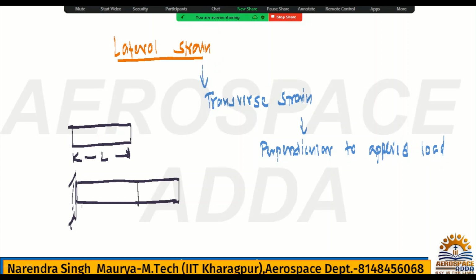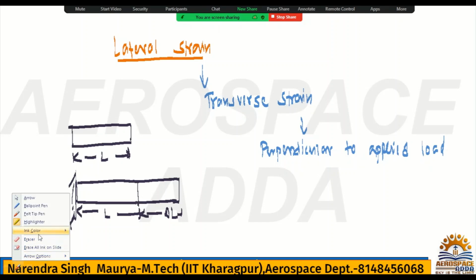Actual length is L, and this is delta L. Length will be increased, but what happens to the width of this bar? It will be decreasing. How much and how it looks like, we can show by this way. See, you can show by this way.